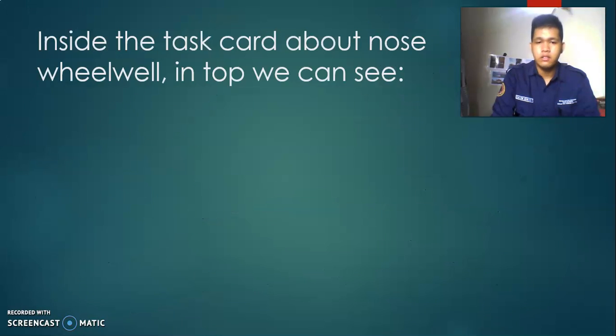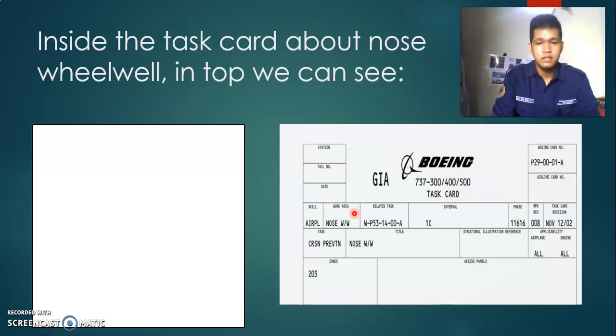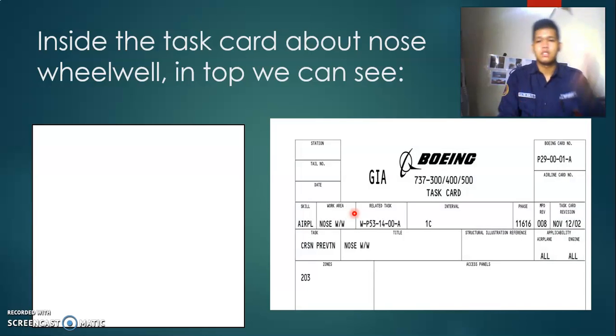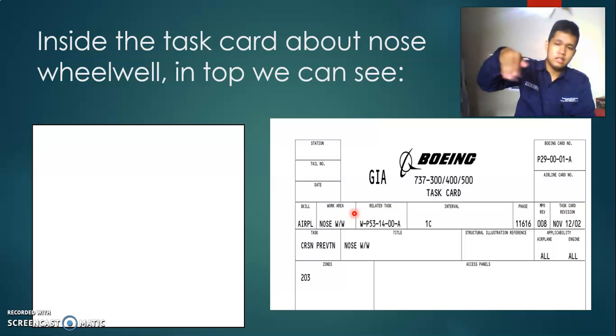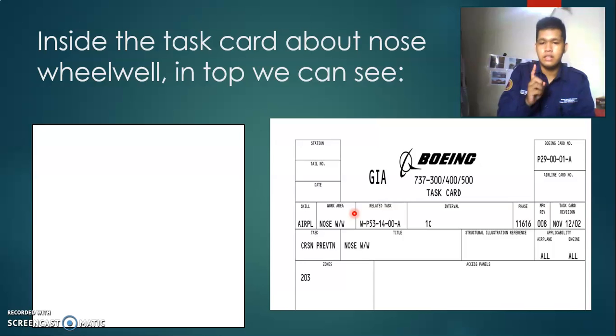And today we will talk about the task card for the Boeing 737 series, about the nose wheel well. Inside the task card about the nose wheel well, at the top we can see this. I will try to read and understand what is inside this paper.